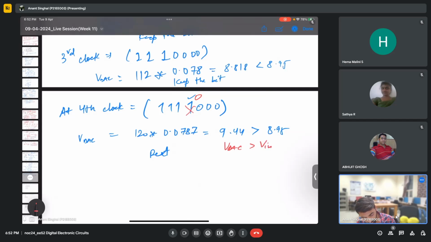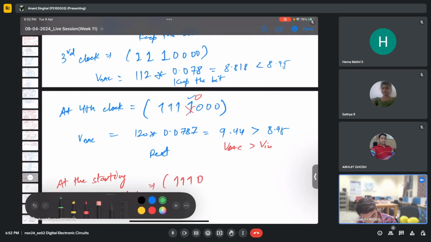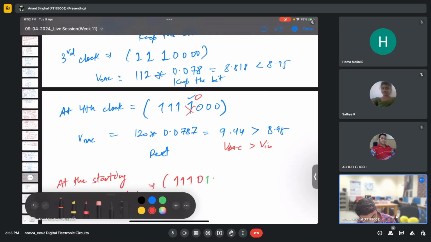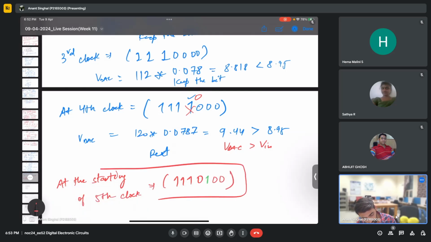So at the starting of the fifth clock pulse, which is asked in the question, we have this 1110, and at the starting we will make this 1 and these two will remain 0. So this will be the digital bit at the starting of the fifth clock.